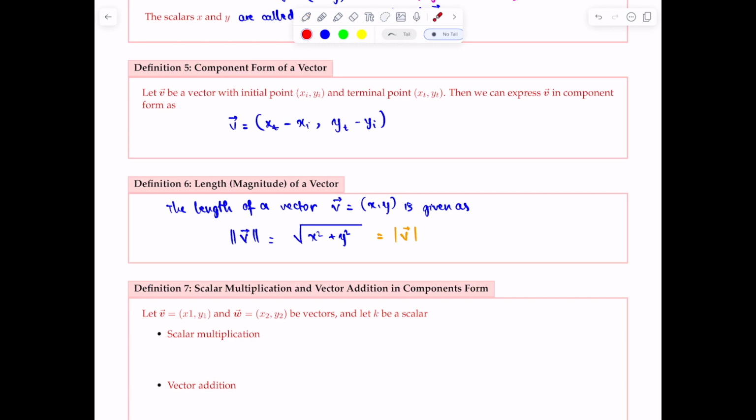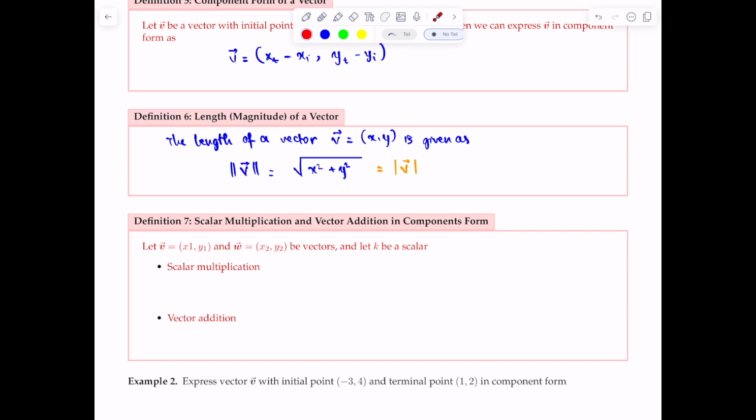So now we're going to write the definitions for scalar multiplication and vector addition, but in component form. So given two vectors, vector v and vector w, right? So v is equal to x sub 1, y sub 1, and w is x sub 2, y sub 2. So these are the two vectors in the two-dimensional plane. And k is going to be a scalar or just a constant.